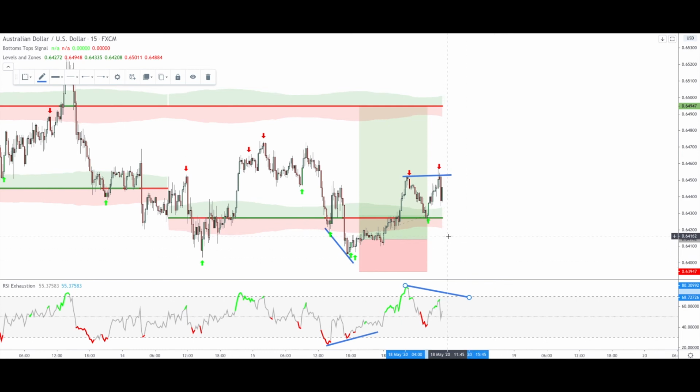I am at break even, so in the worst case scenario I'm still making money, and actually I moved my break even point up here so that I can still make quite a decent profit. Why did I move the break-even point up here?